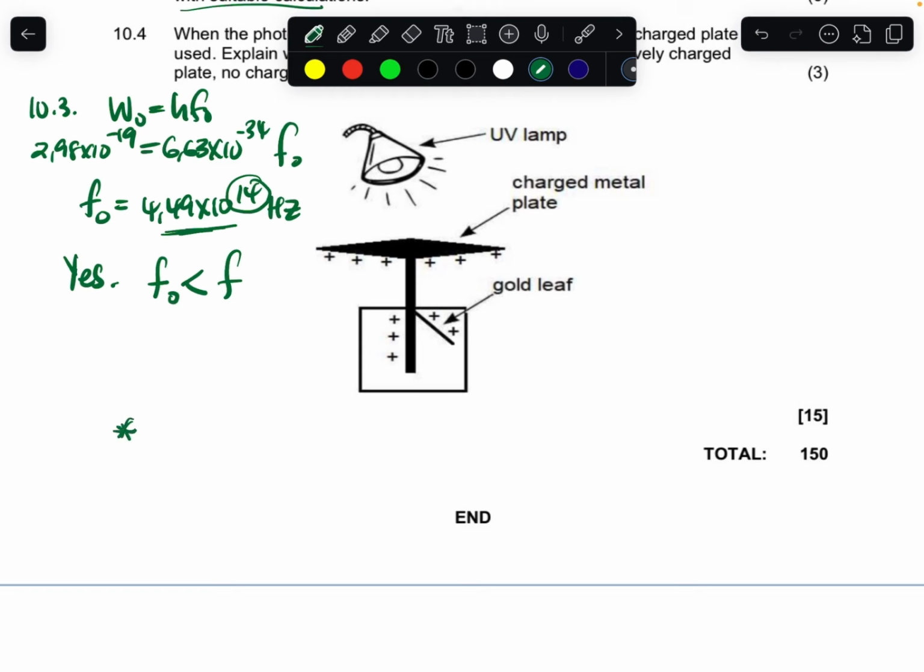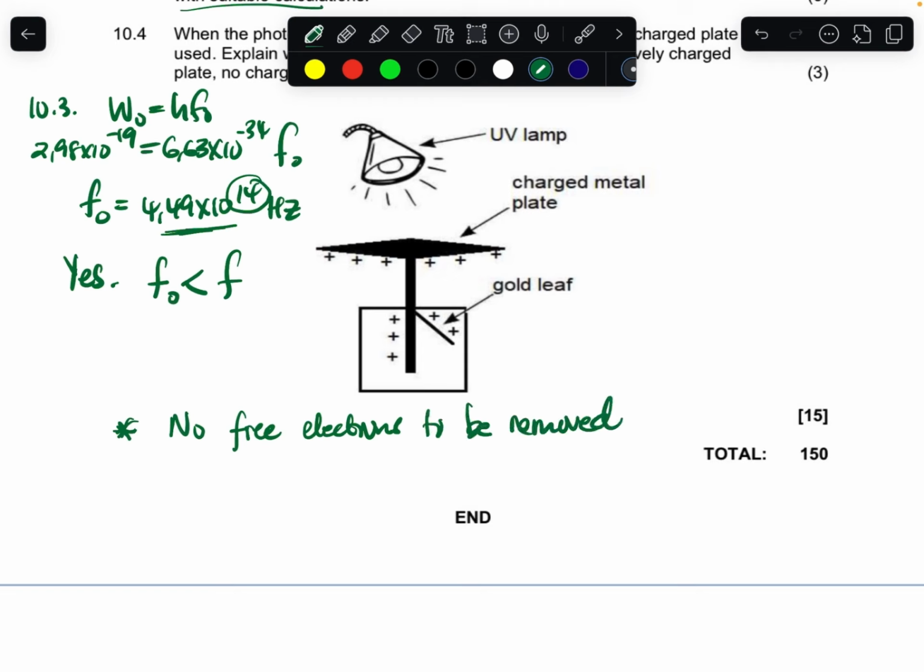So the first answer you can say is that the plate has to be negative for the photoelectric effect. It's straightforward. You will say there are no free electrons to be removed.